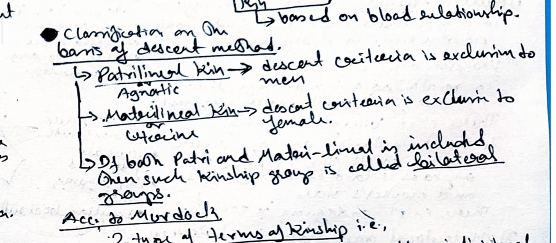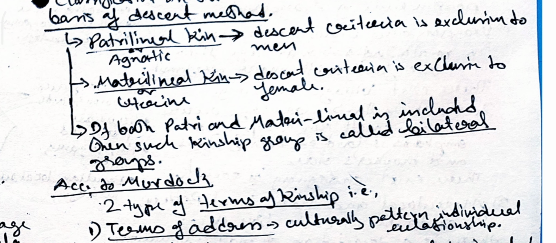However, there is classification on the basis of the descent method. One is patrilineal kin. The descent criterion is exclusively men in the patrilineage kin, which is also known as agnatic. Matrilineal kin, which is also known as uterine, has a descent criterion exclusively through the female.